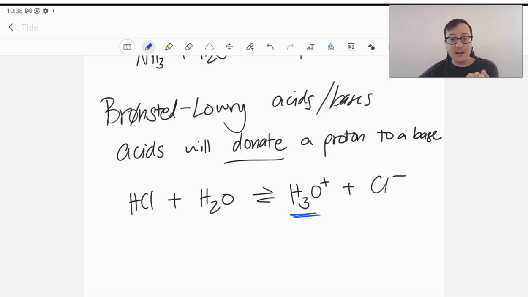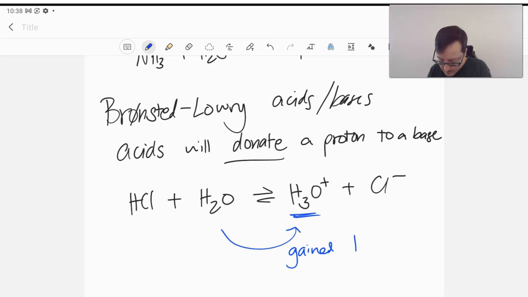And when we're considering what's happened here, if we look at H2O to H3O plus, the only difference is that we have gained an H plus. By contrast, if you look at Cl minus, which of the reactants is more similar to Cl minus? Well, that's the HCl, right?